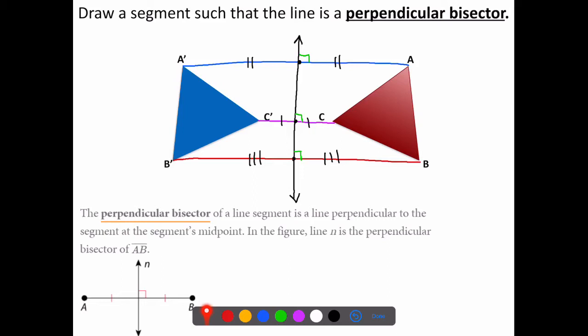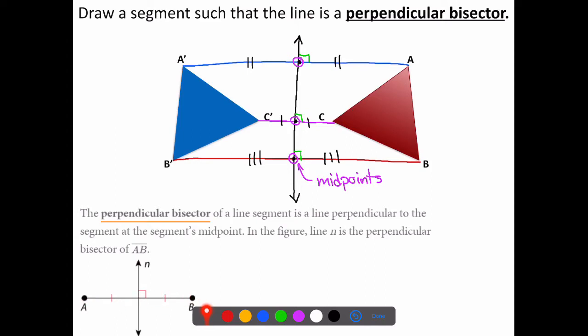All right, so real quick, the perpendicular bisector of a line segment is a line perpendicular to the segment at the segment's midpoint. So each of these are midpoints, each of these purple circles here. Those are all midpoints. In the figure down here, line N is the perpendicular bisector of segment AB.